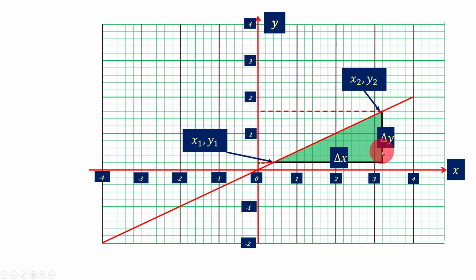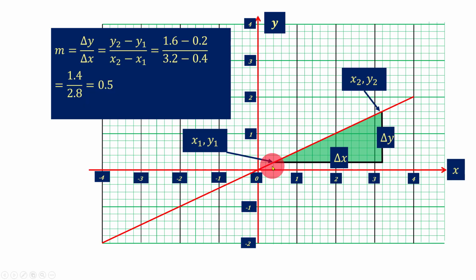So we are going to find how delta y changes with delta x, or how the y values change with the x values. In other words, to determine the gradient, we are going to determine the ratio of delta y to delta x. Delta y is the change in y, while delta x is the change in x.